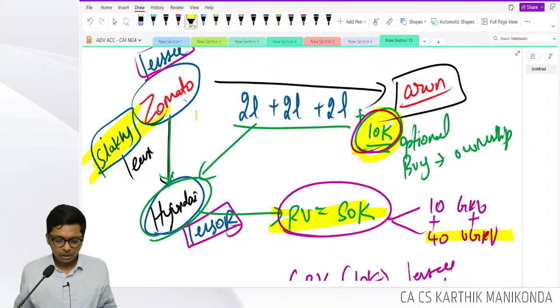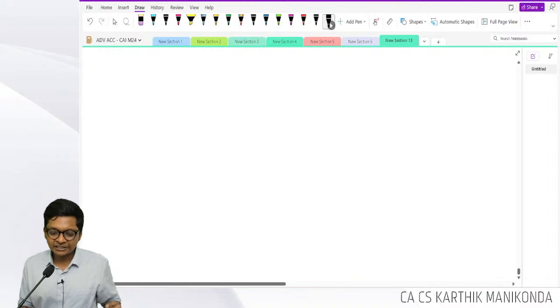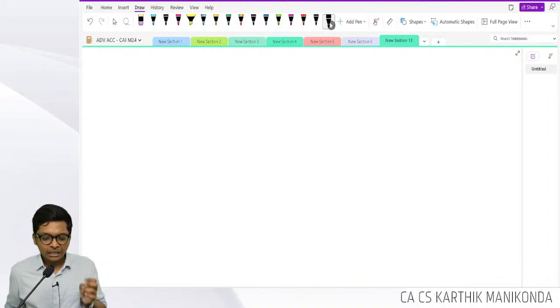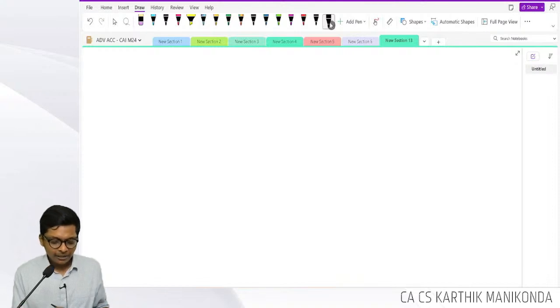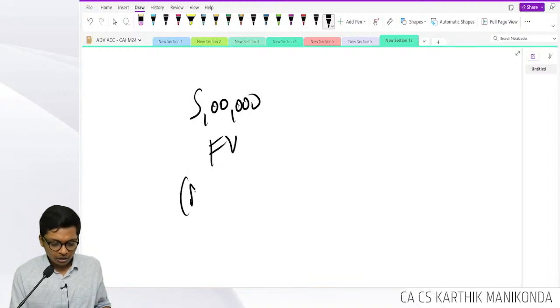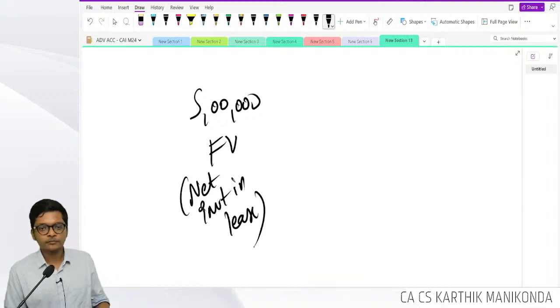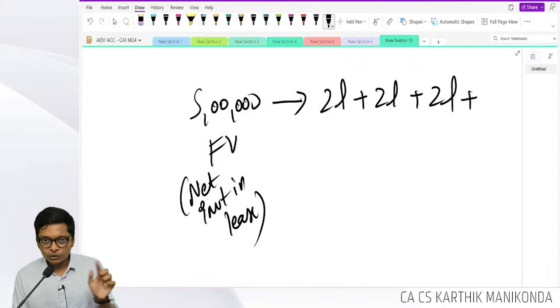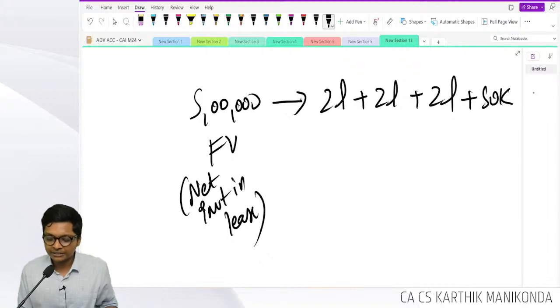Now Hyundai in this project, how much have they invested totally, guys? They invested 5 lakhs, which is the fair value, or let's call it net investment in lease. What I'm investing, expecting a return of 2 lakh plus 2 lakh plus 2 lakh, and assuming the other party does not buy the asset, you will get 50,000 residual value.